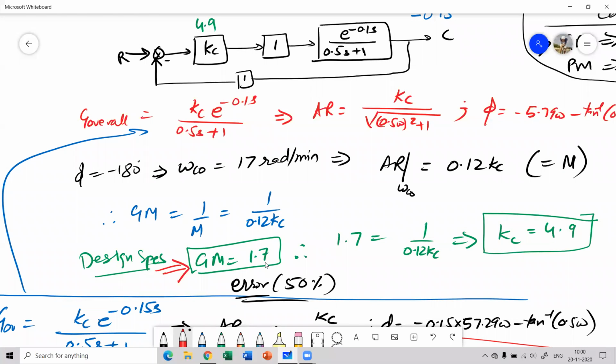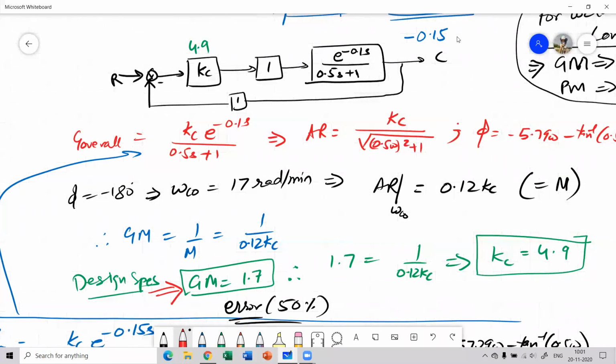Considering a gain margin of 1.7, we said that there is an error of 50% in the dead time. कोई भी सिस्टम में अगर 50% एरर है और हमने गेन मार्जिन इक्वल टू 1.7 लेके उसको ट्यून किया हुआ है, will it be able to withstand that much error? ये चेक करना है. तो हमने गेन मार्जिन 1.7 करके हमने कंट्रोलर ट्यून किया, that comes out to be 4.9. Now we say that there is an error of 50% in the dead time. Instead of 0.1, it was actually 0.15.